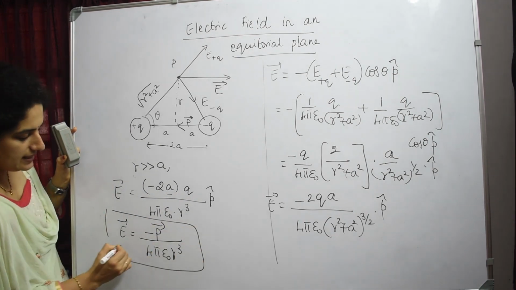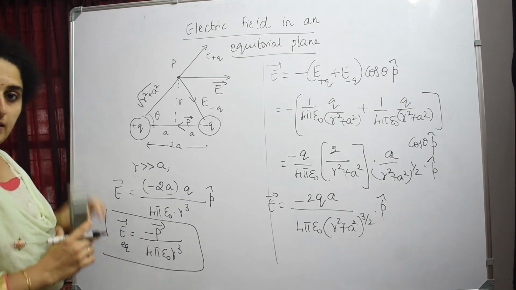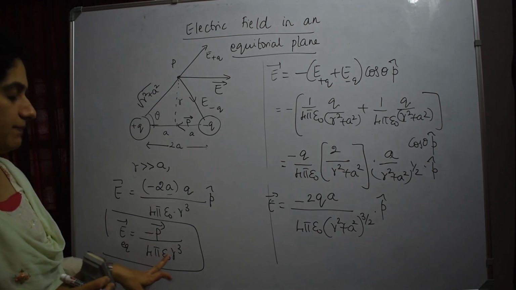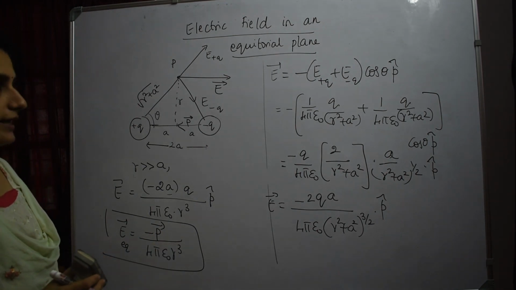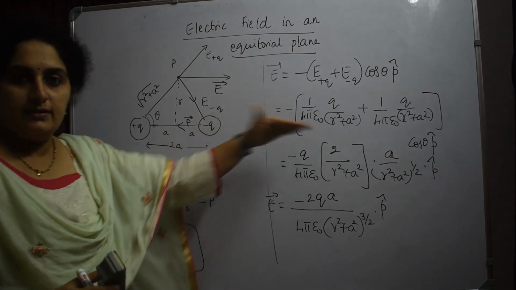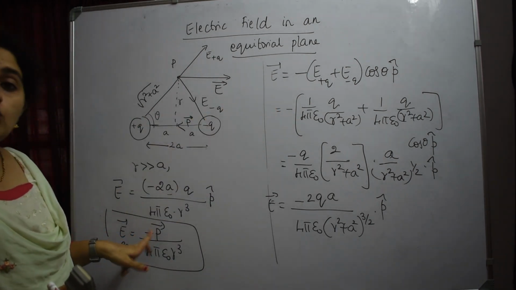So this is E equatorial. Okay, this is E equatorial: minus P divided by 4 pi epsilon naught into R cube. For the axial it was minus 2P.